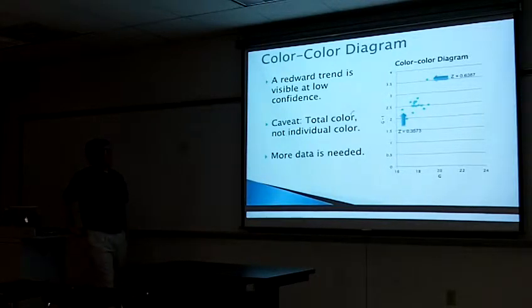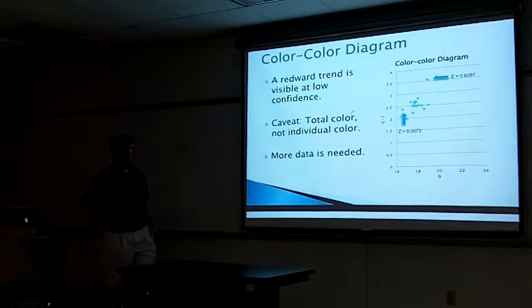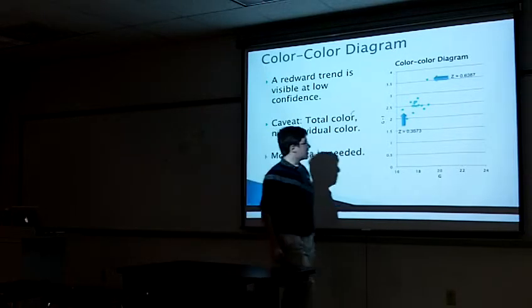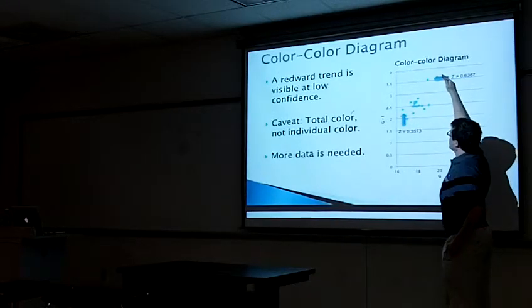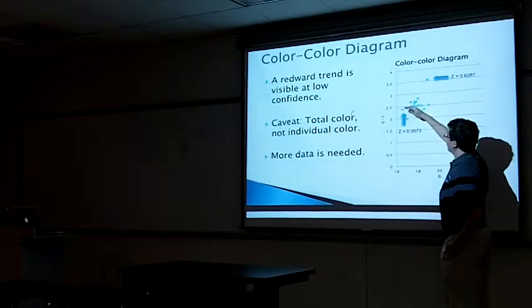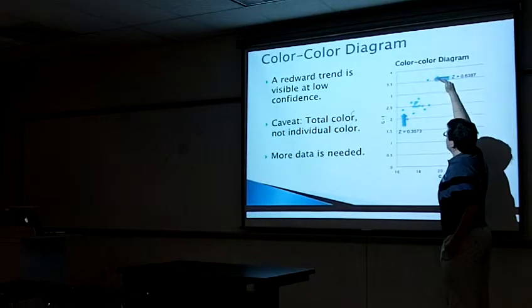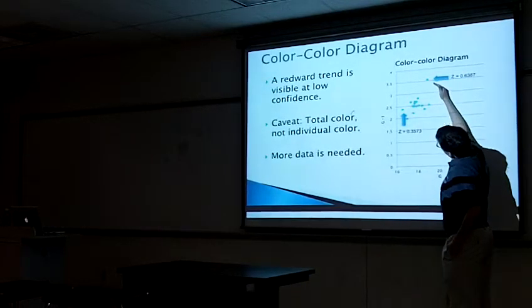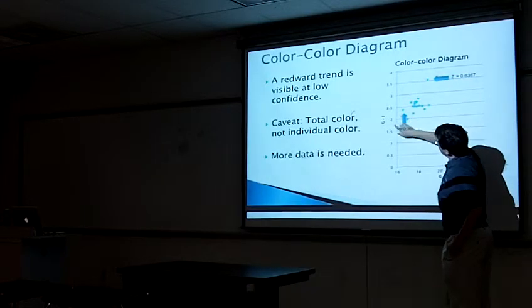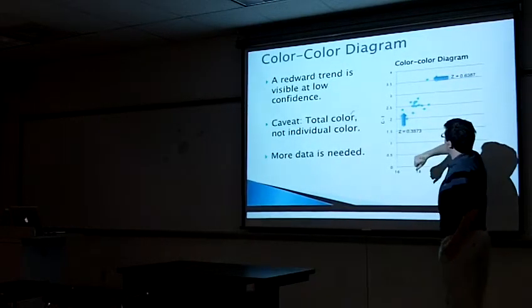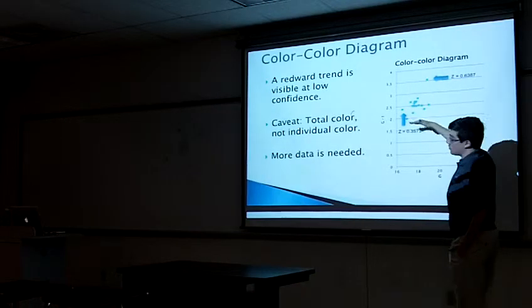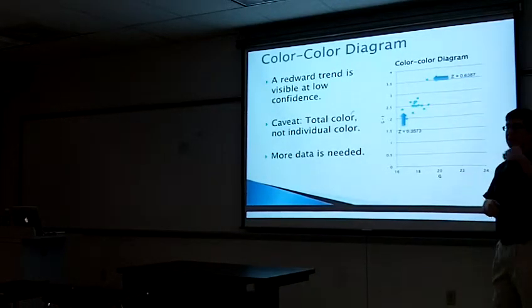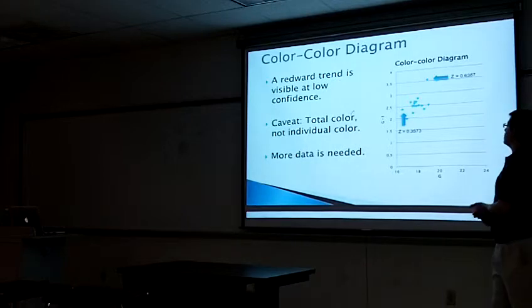And when I plotted them on a color diagram, what I am seeing is something very similar: as redshift decreases, the redness is increasing because there's less of a difference between, in my case, the green and the red. So as we get to lower redshifts, the redness is increasing, which is what we thought would happen because of the slower star formation rates.